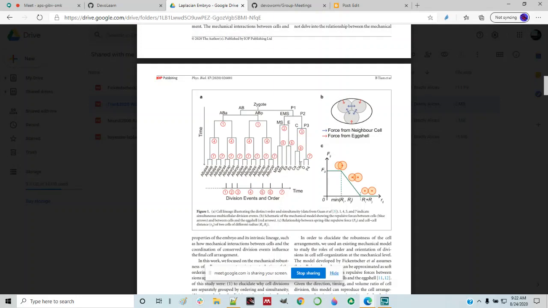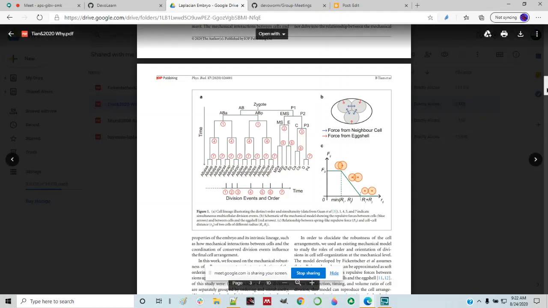Then they show the classic lineage tree, which is how things are ordered in time, but they're also ordered along the anterior-posterior axis. So the C. elegans lineage tree has this order in space. It's one-dimensional, but that's how it's laid out.